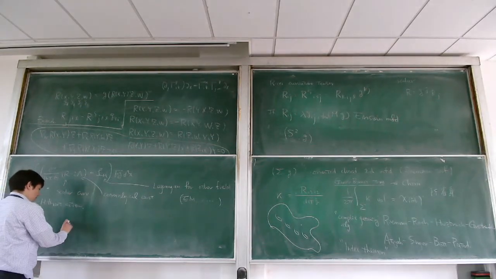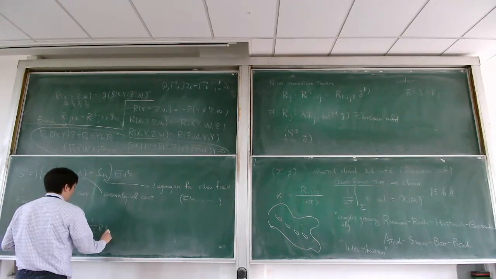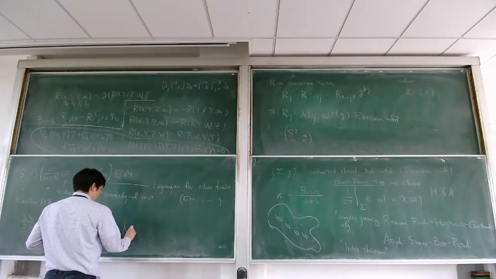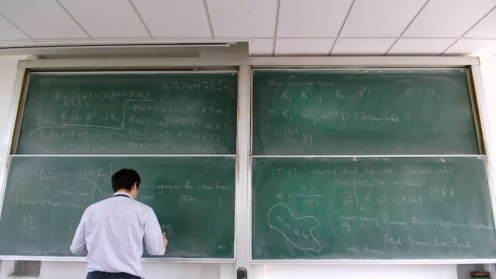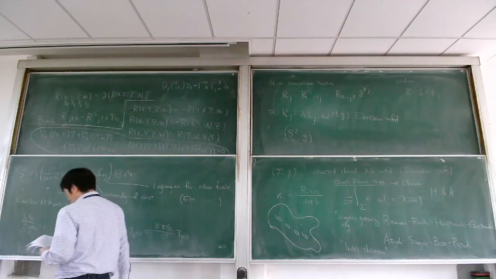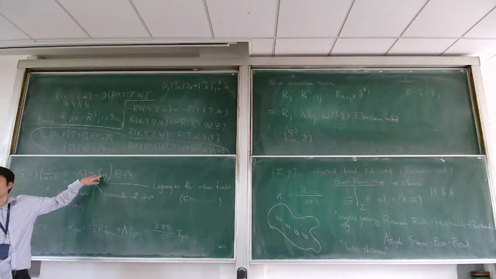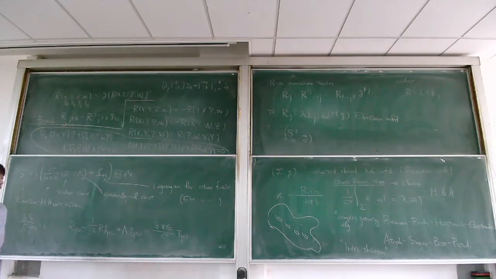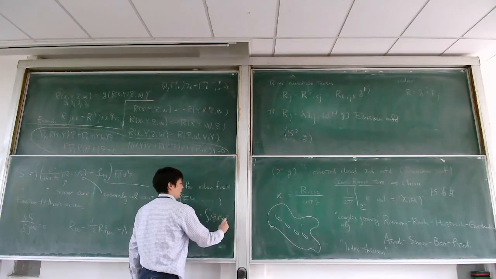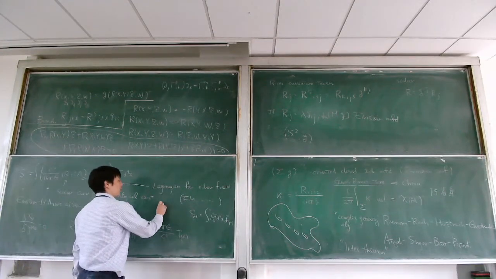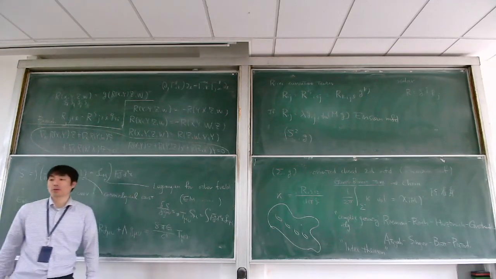What you will get is this. T_mu nu is the stress energy tensor coming from L_m. S_m is just the integral of square root of g d^4x L_m, and if you take the variation with respect to g_mu nu, you get T_mu nu up to some constant.